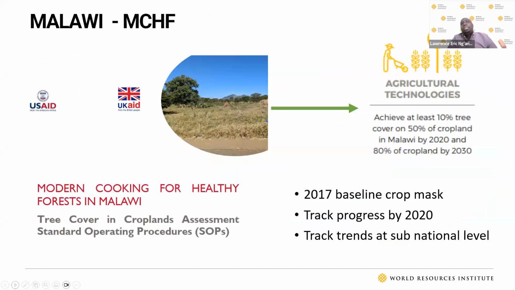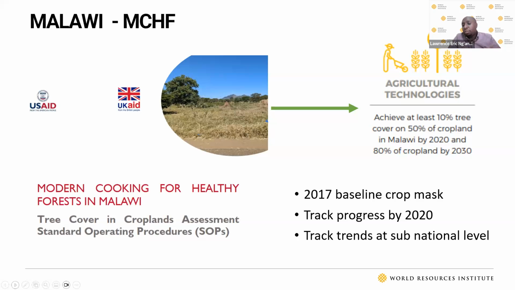And it is from that objective that this methodology, or standard operating procedure, was developed. The strategy aimed to achieve at least 10% tree cover on 50% of cropland in Malawi by 2020 and on 80% of cropland by 2030.